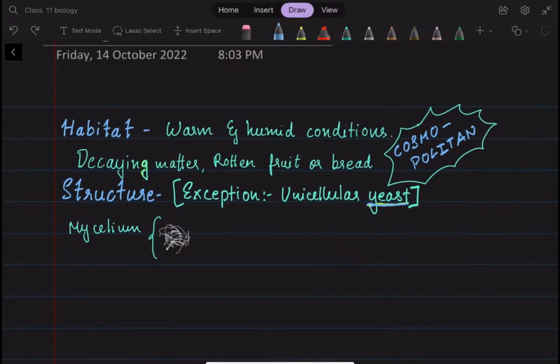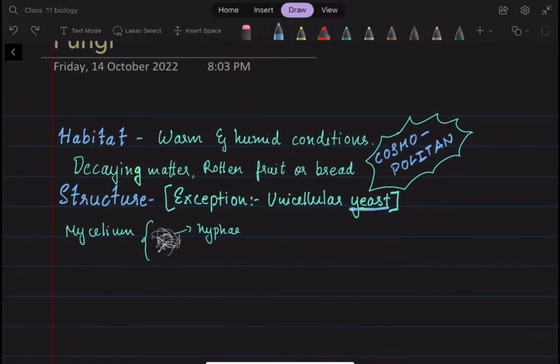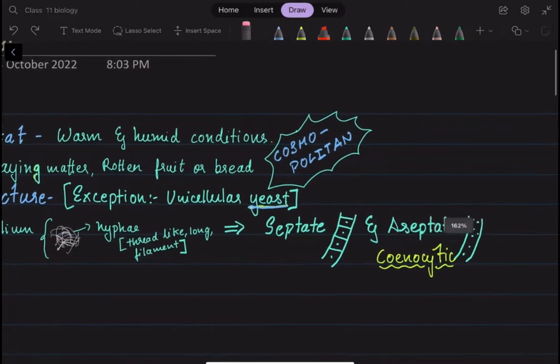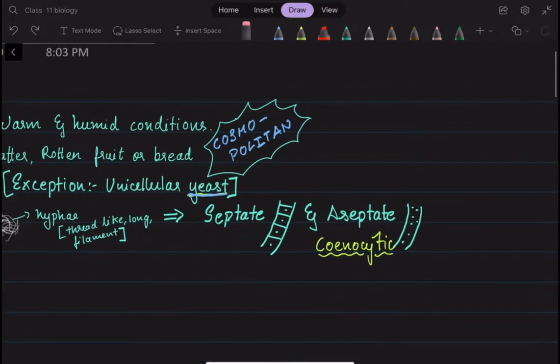This mycelium is made up of something called hyphae. Hyphae are nothing but long thread-like filaments, and they contain an arrangement of cells that can be arranged in two ways, and we call it septate or aseptate.